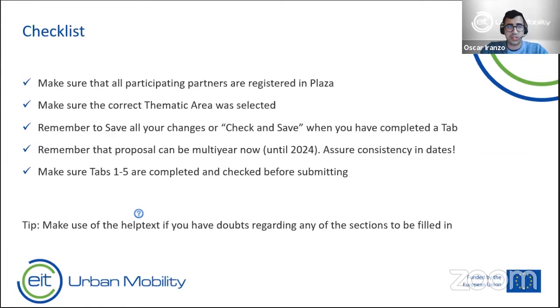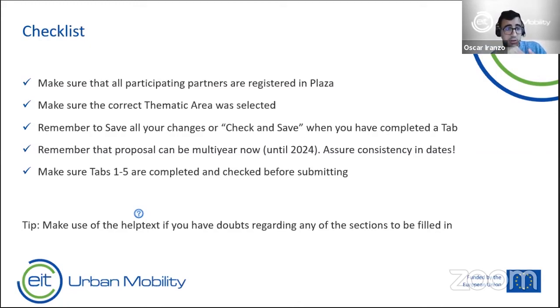Also, make sure that you select the correct thematic area in tab 0, because then the questions that are asked in tab 3, as you may recall, are specific to that thematic area. So you want to be answering the right questions, not the ones from another thematic area. Also, always remember to save all your changes or check and save, as I said, when you have completed every tab.